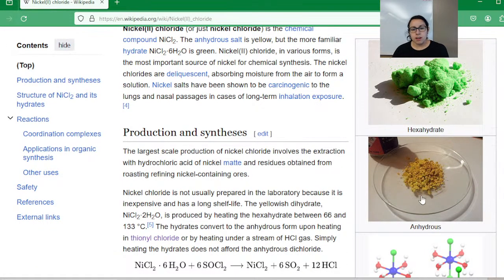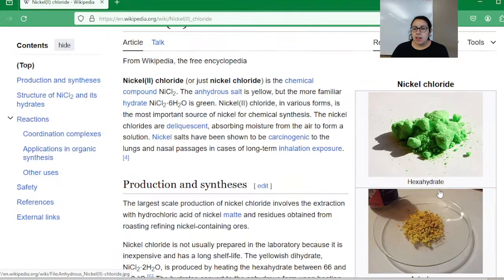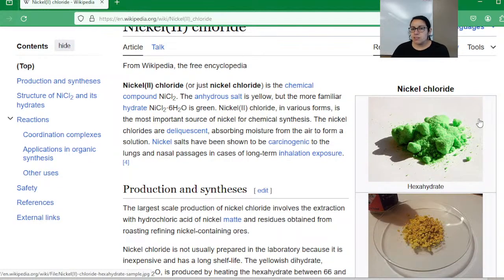This would be nickel 2 chloride. If it's anhydrous, which specifically means no water, it's a yellow powder, and you could probably grow some nice yellow crystals from that. Then notice it turns into this green looking compound once it's the hydrated form.